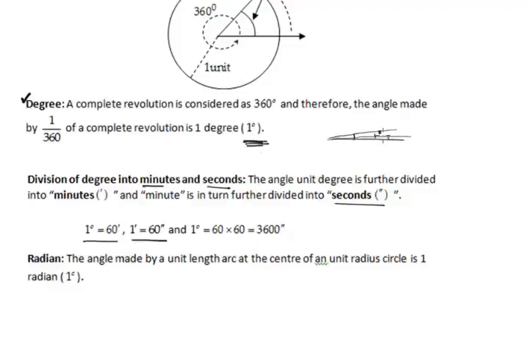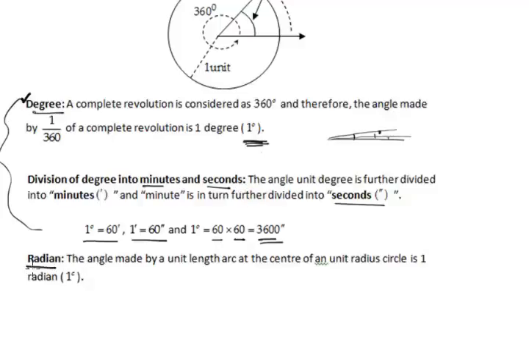And if we divide 1 minute of the angle into 60 parts, then one part will be 1 second. So the relation is 1 degree is 60 minutes, 1 minute is 60 seconds. So 1 degree equals 60 minutes, and that is 60 times 60 seconds, so 3600 seconds. So this is one class of units: degree, minutes and seconds.